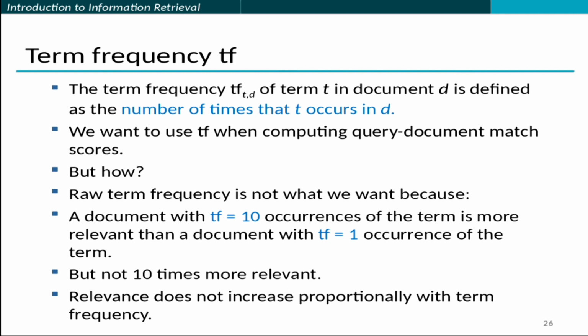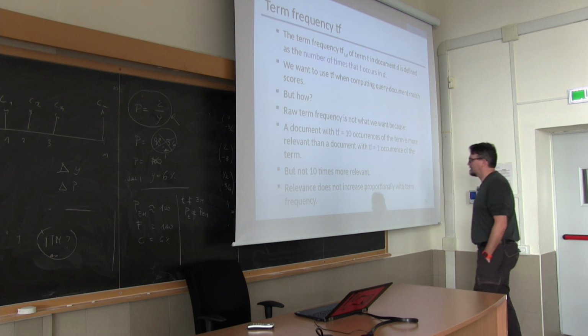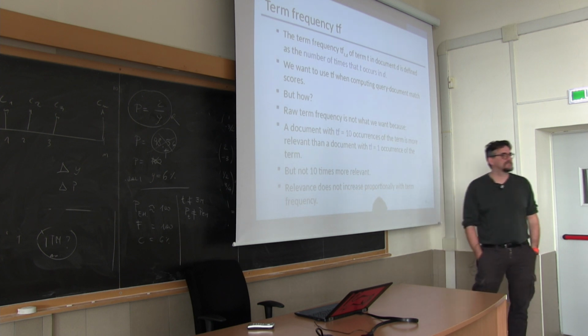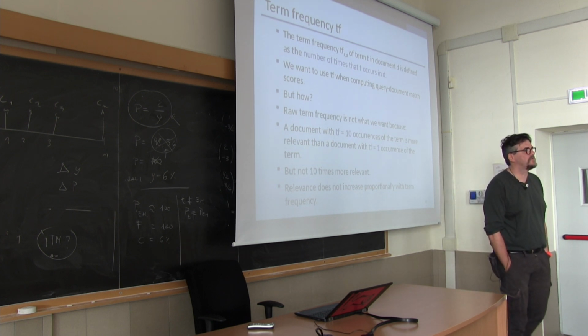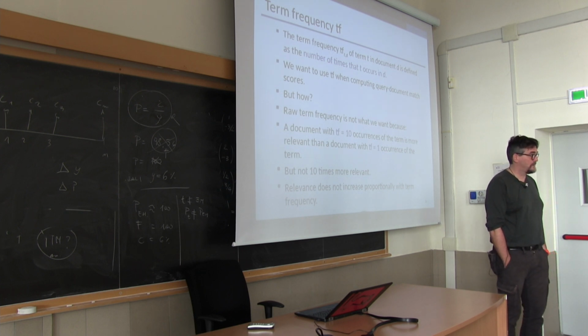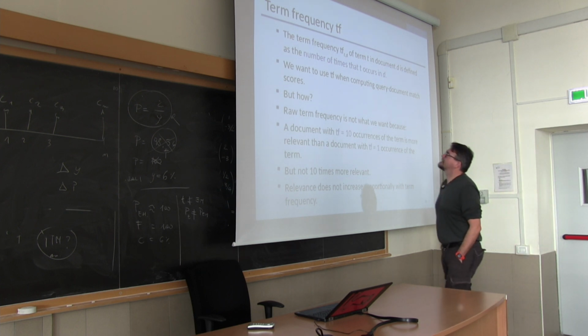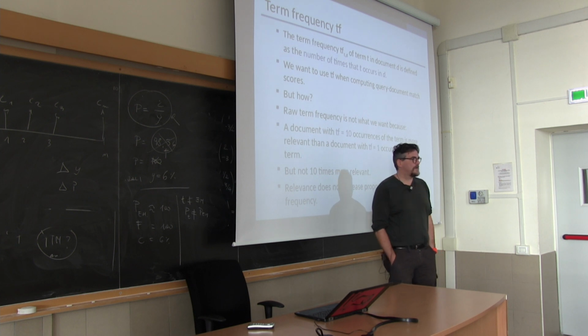So in this case, clearly we have this concept of term frequency. The term frequency is the number of times a term t occurs in a document d. And the original question we want to answer is how to use such information in order to assign a score to a query-document pair.